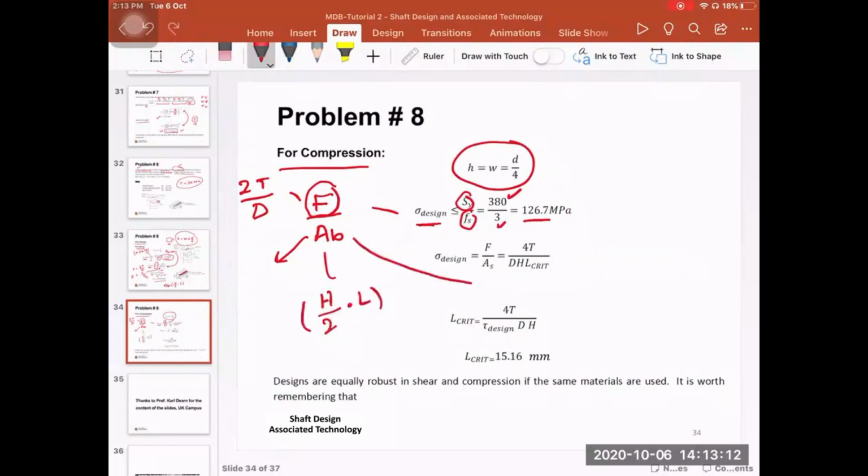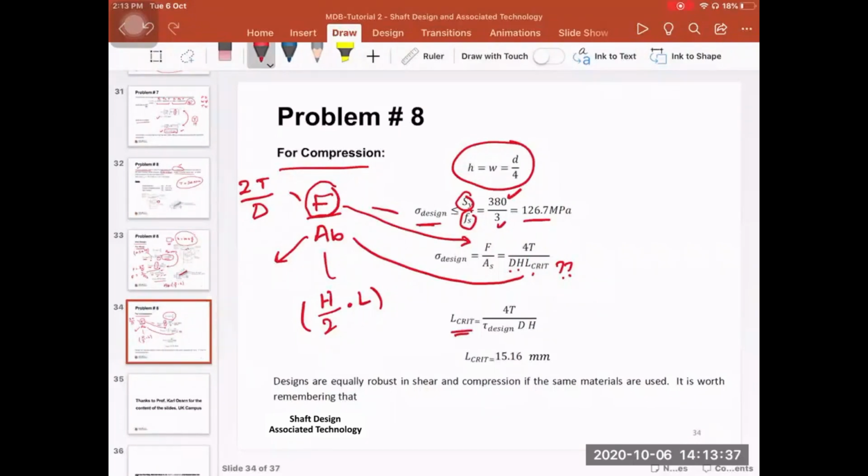So substitute this value here and then substitute the value of the force. So it gives you 4 times the torque divided by D, which is the diameter of the shaft, times the height of the key, times the L critical, which is the critical length of the key. Again, we're trying to find the critical length of the key based on the compressive or the bearing stress.